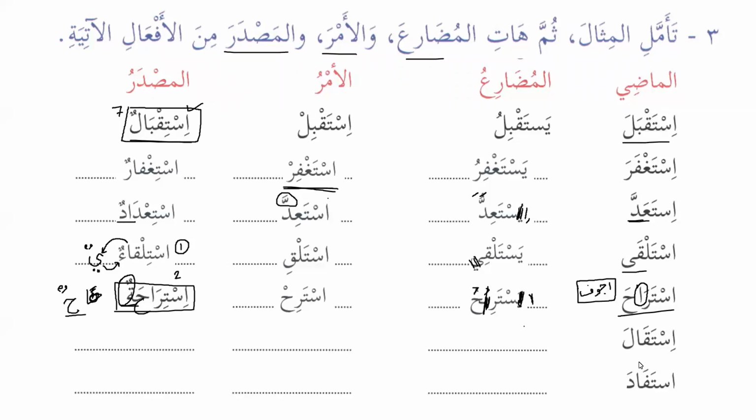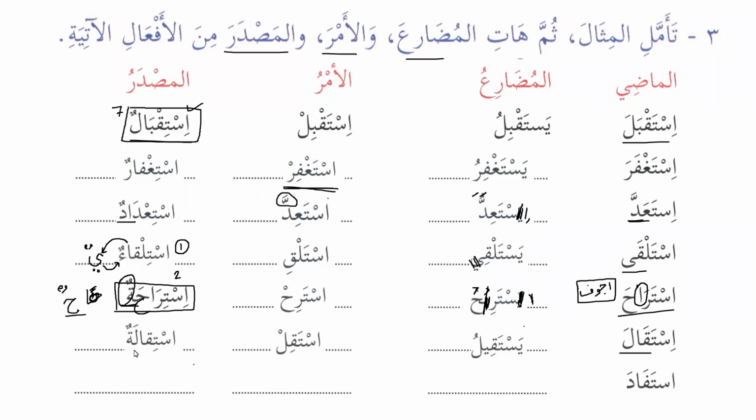Now istaqala means to resign. Istaqala, yastaqilu, and fi'l al-amr will be istaqil. And what will be the masdar now? After all this explanation, I hope you can figure it out. Istiqalatun. Ahsanti, yes, istiqalatan, perfect.